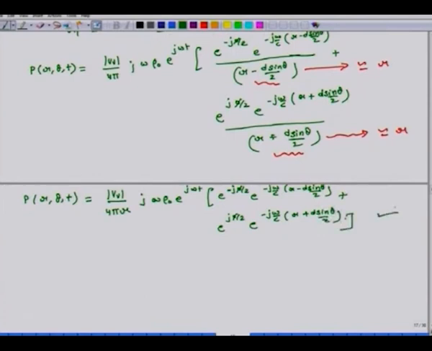So, this is a somewhat simplified expression of the original version.